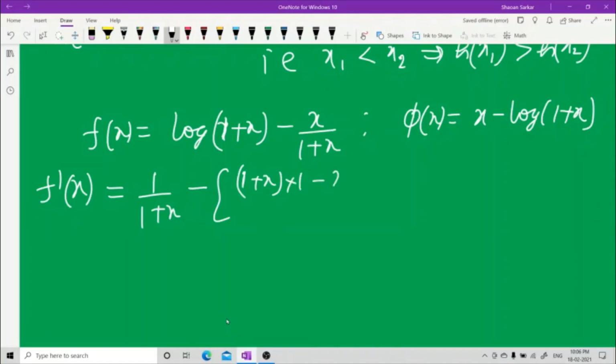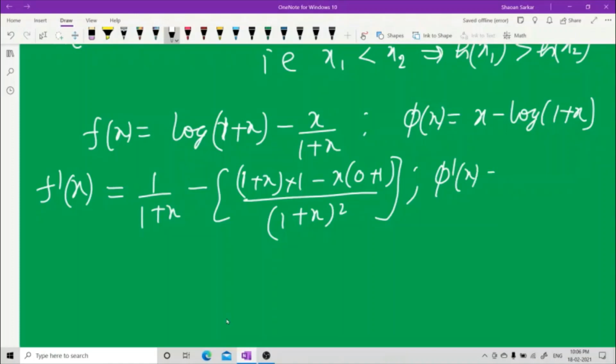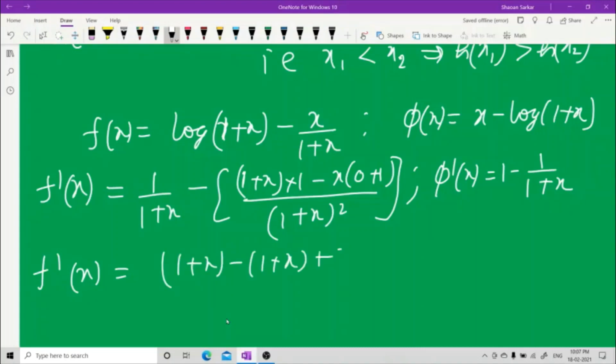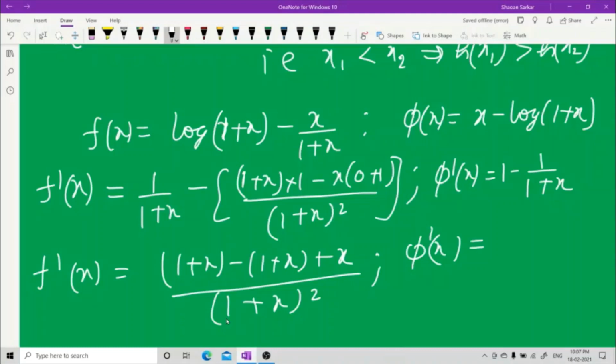Into 1 minus x, and this will be 0 plus 1 upon 1 plus x whole square, and phi dash x is now 1 minus 1 upon 1 plus x. Now you take the LCM here: f dash x is 1 plus x minus 1 plus x upon 1 plus x whole square, and phi dash x is 1 plus x minus 1 upon 1 plus x.